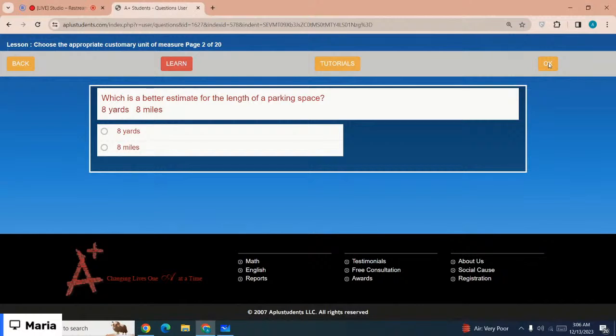The correct option is 8 yards, because miles is too large a unit for a parking space. Parking spaces are not that big. So the correct option is 8 yards. That is the same question we did in the tutorial. Please listen to me carefully. The correct option is 8 yards. That is a parking space.